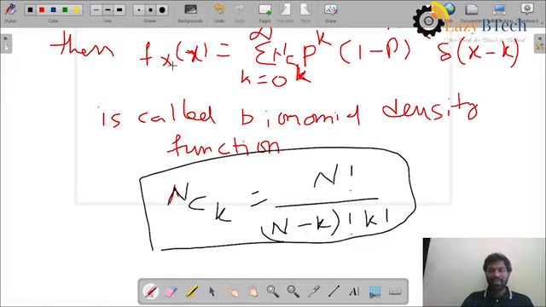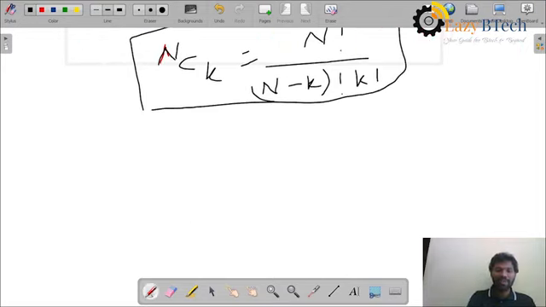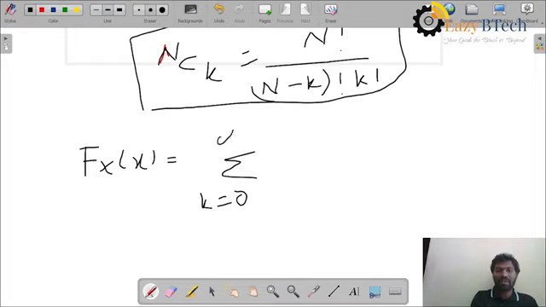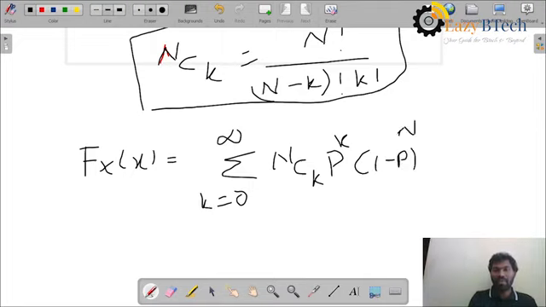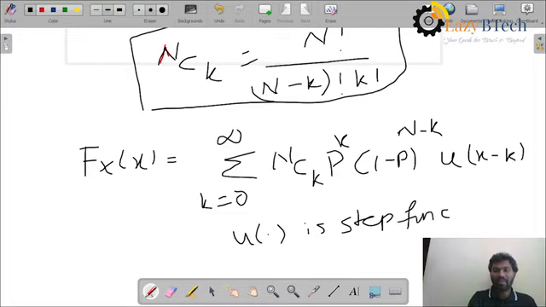If you want to find the probability distribution function of this binomial random variable, it is represented by FX of x equal to summation, same, k equal to 0 to infinity nCk p power k, 1 minus p whole power n minus k, u of x minus k, where u is the step function, a step signal.